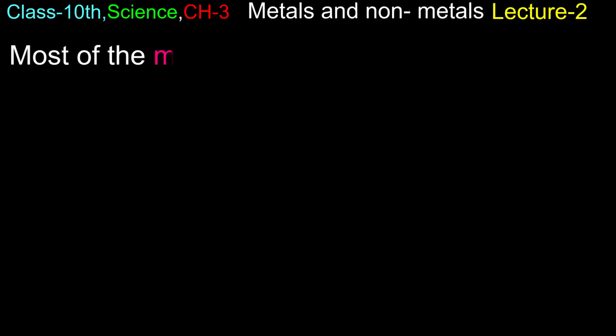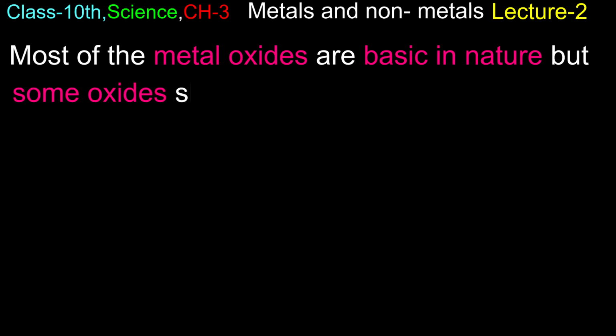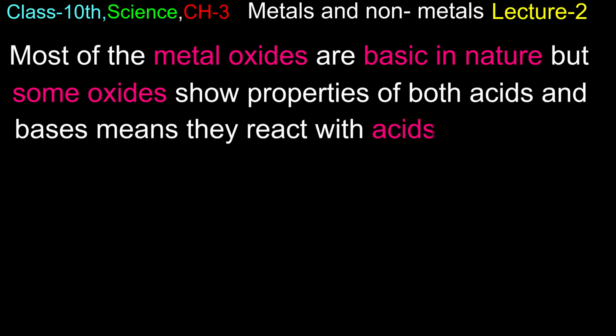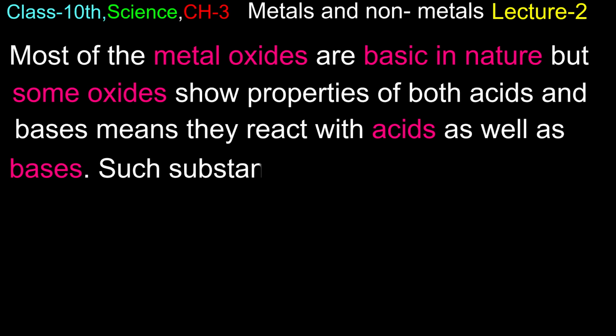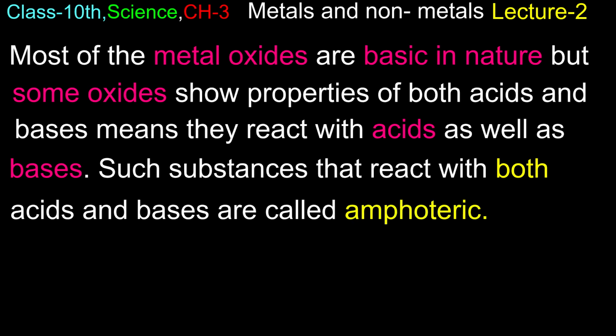Most of the metal oxides are basic in nature, but some oxides show properties of both acids as well as bases, meaning they react with acids as well as bases. Such substances that react with both acids and bases are called amphoteric.